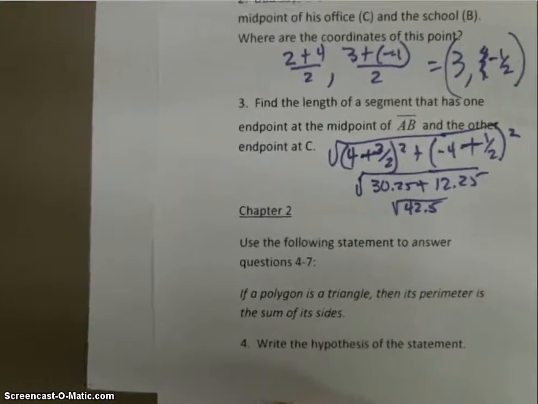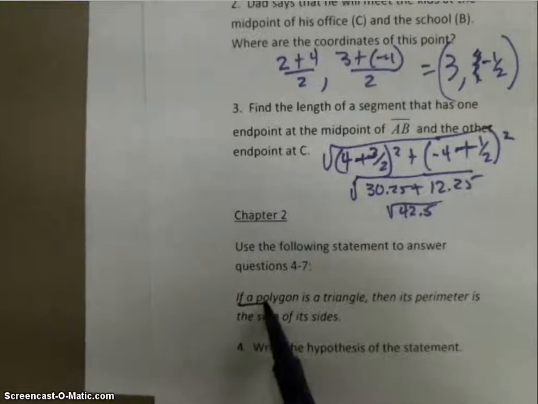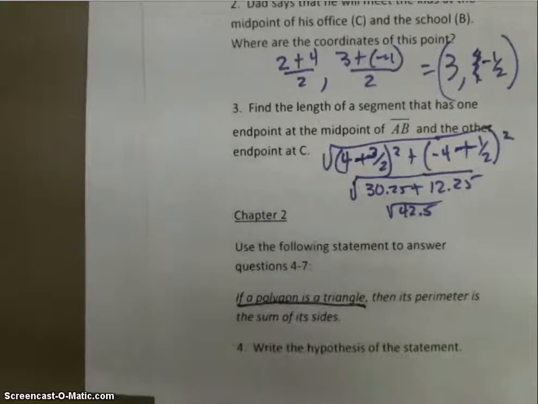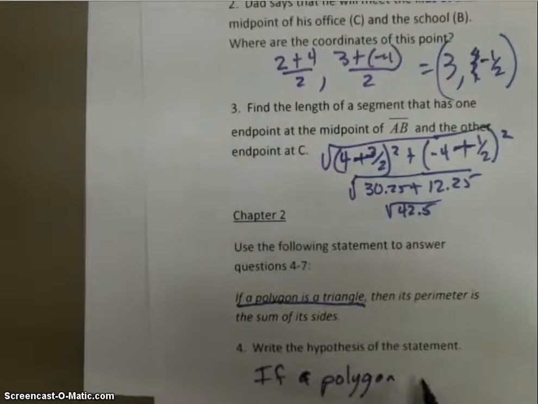Question number 4. We have a statement, if a polygon is a triangle, then its perimeter is the sum of its sides. Write the hypothesis of that statement. Well, the hypothesis is the if portion of it. So we would say, if a polygon is a triangle.